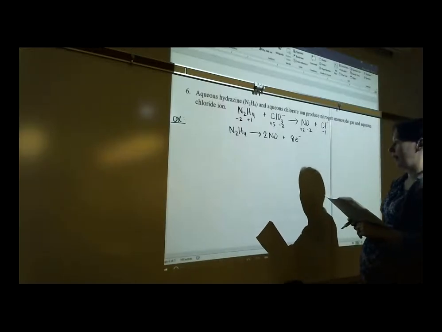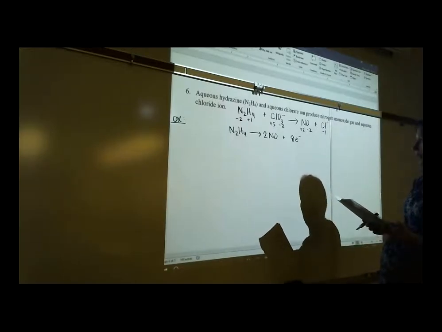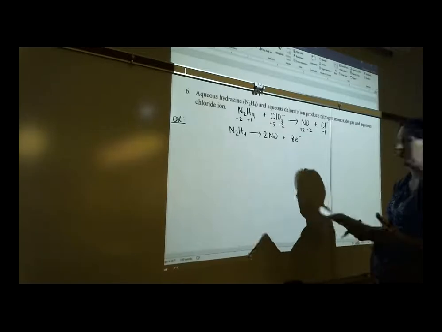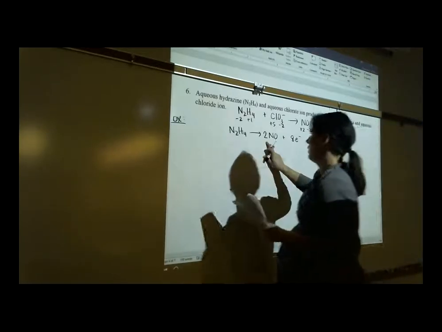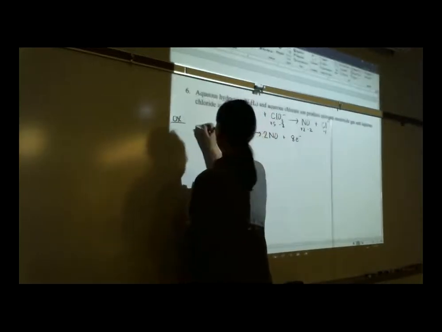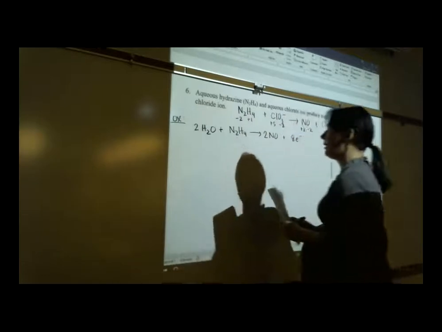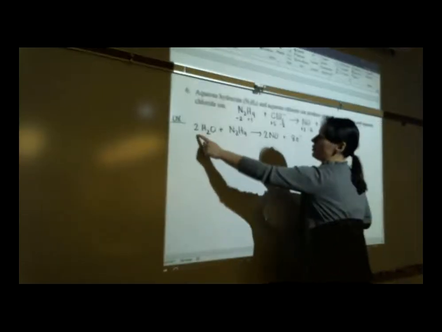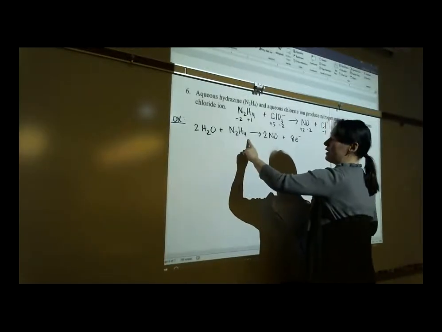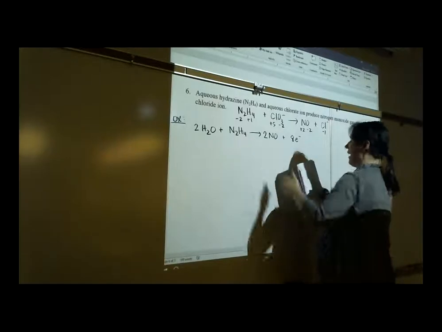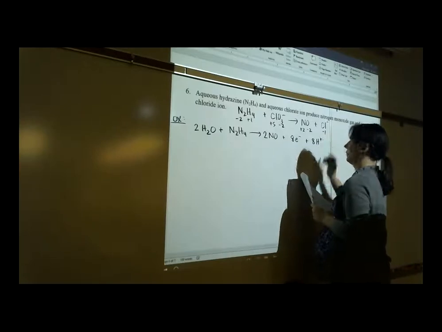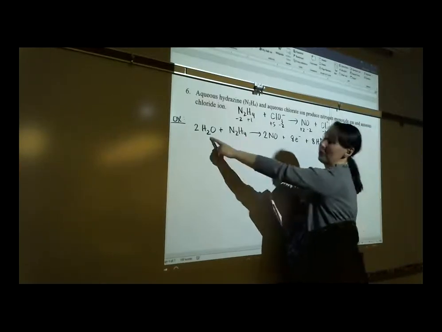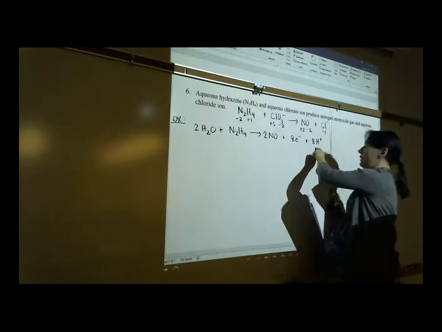And now I need to deal with the fact that I've got oxygens involved. Right, I've got oxygen here, there's a coefficient of 2, so I need 2 H2O. And now for my hydrogens, 2 times 2 is 4, plus these 4 gives me 8. Right, there's hydrogen here, and there's hydrogen here, so that's why it's 8.